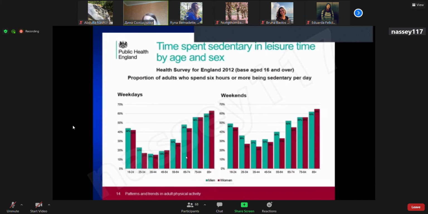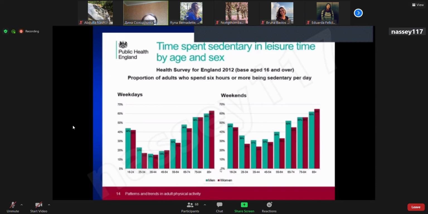So this is the case when a bar chart is really very helpful, and we understand that in both weekdays and weekends, young people have less sedentary time compared to older people.